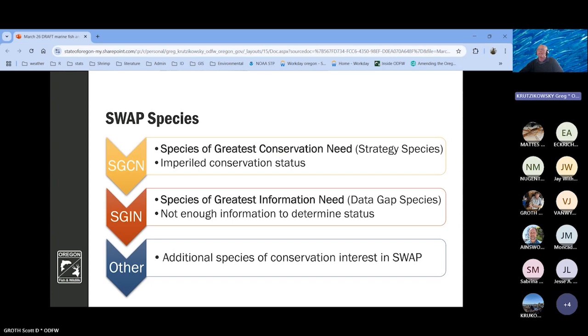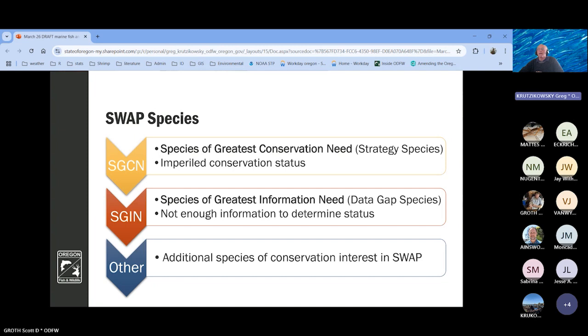And these were previously referred to as data gap species. Now, in the nearshore portion of what used to be the nearshore strategy, we didn't really have a data gap category. So any of the species that are identified in this SGIN are new on the nearshore side.